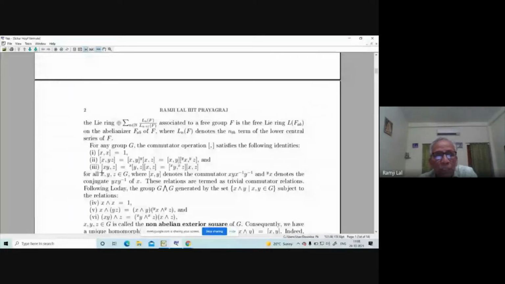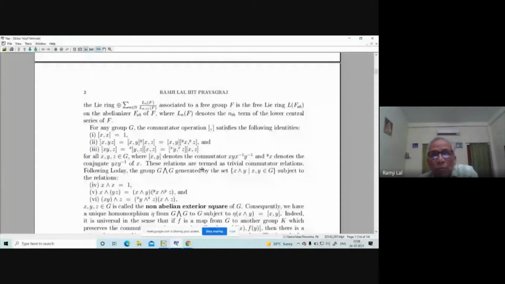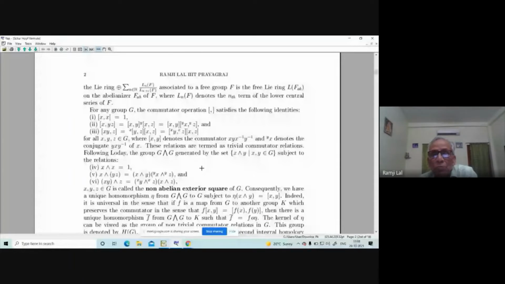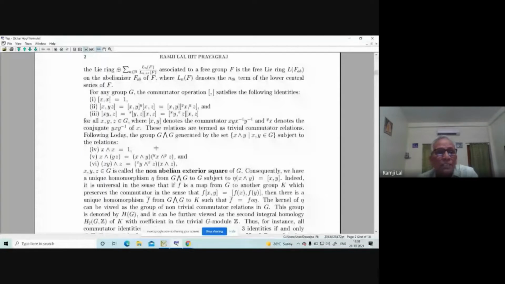And here also the third identity for every x, y, z, where [x,y] denotes the commutator x y x inverse y inverse as usual, and the conjugate yx denotes the conjugate of x. These relations are termed trivial commutator relations.